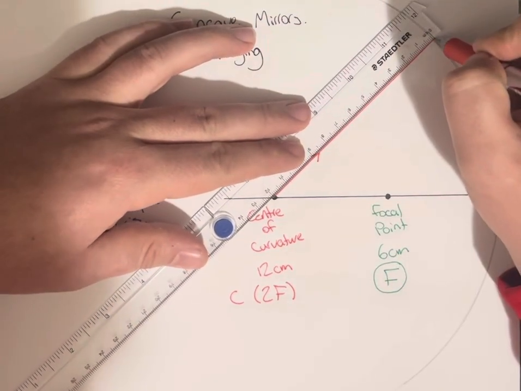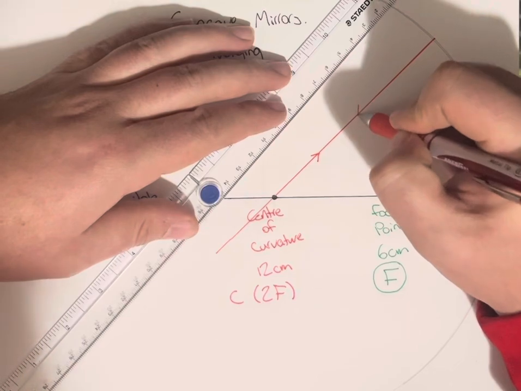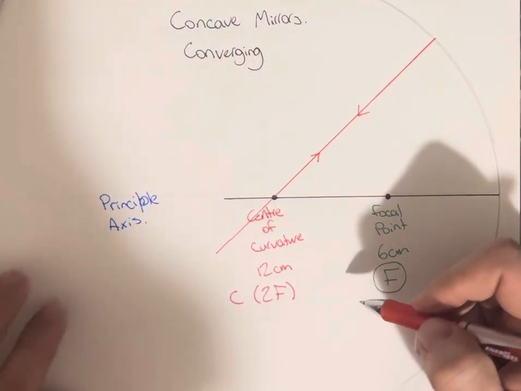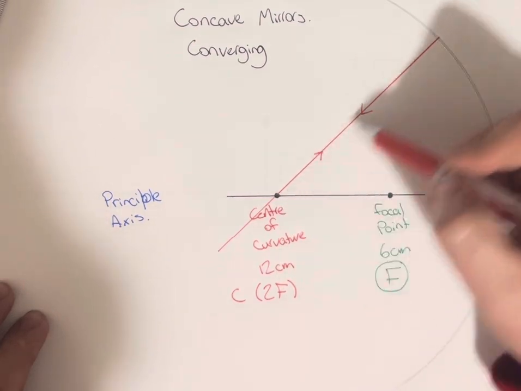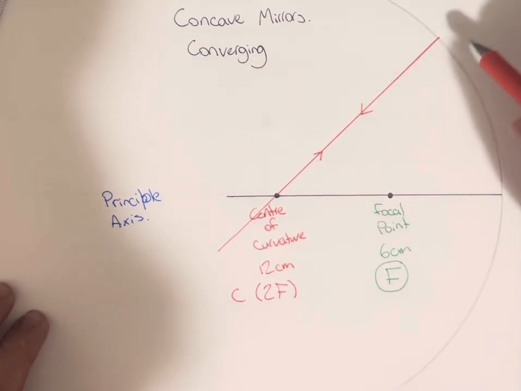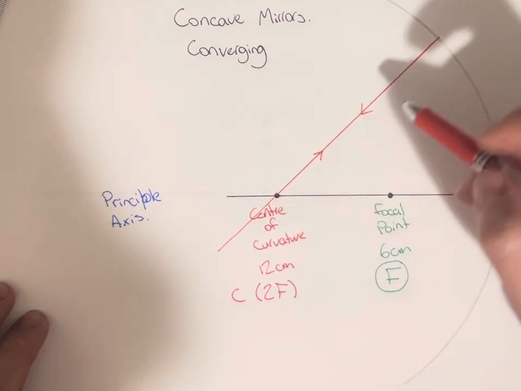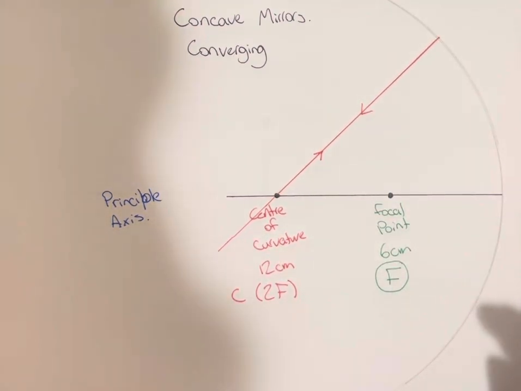You will notice that your reflected ray is going to come right back down that pathway. So when we are dealing with anything passing through the center of curvature, we are going to see that the incident ray and the reflected ray follow the exact same pathway.